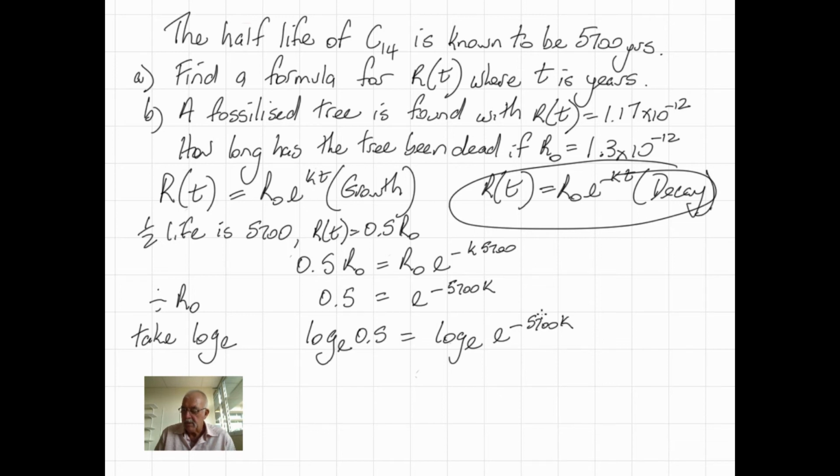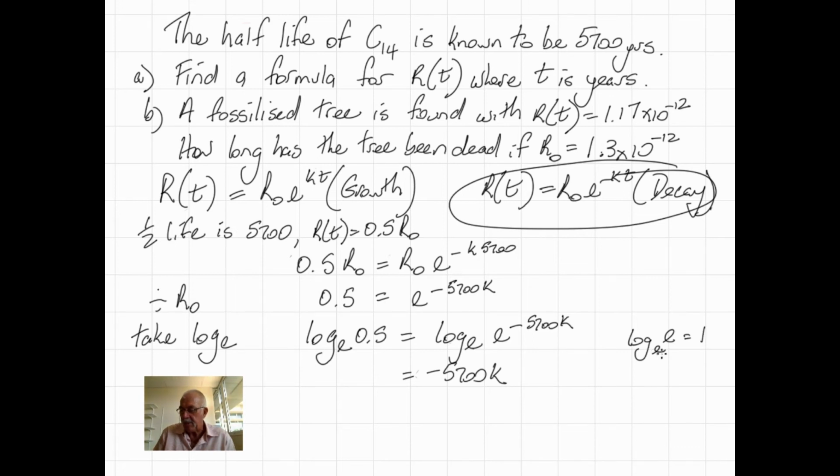We've seen from properties of logarithms that this power can now come out the front. So it'll be minus 5,700 k, and we're left with log e to base e. Now a logarithm is a power. So what is the power you must raise e to, to get the number e? Well, that must be equal to 1.